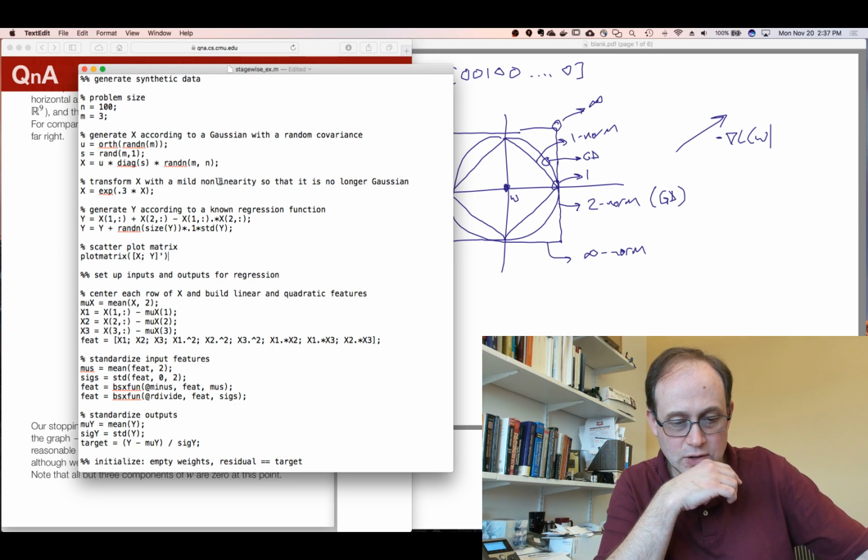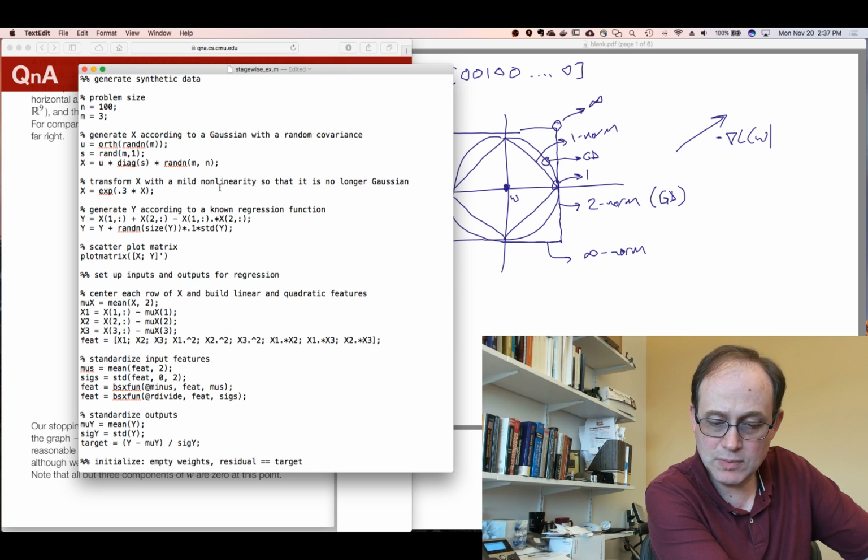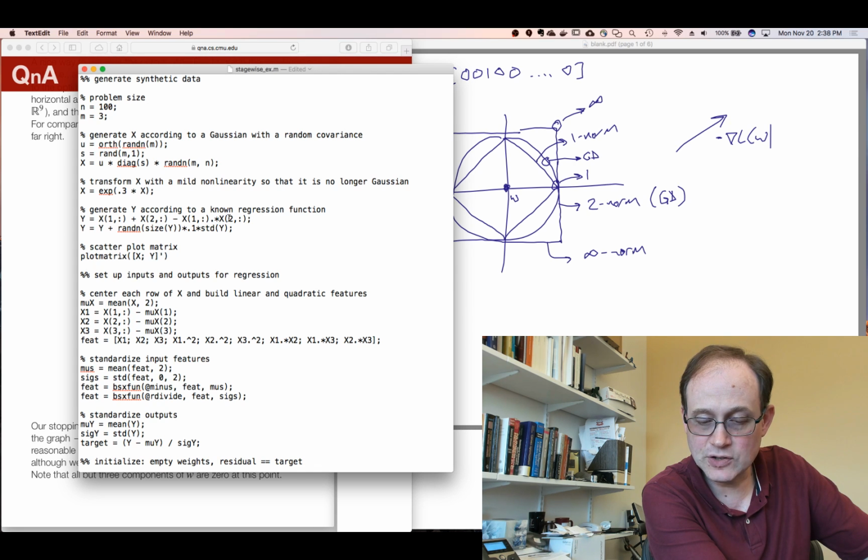Again, you can download this code. What it does is it sets up a synthetic problem. There are 100 training points, and we generate our true labels using the first feature plus the second feature minus an interaction term, and we add a little bit of random noise.